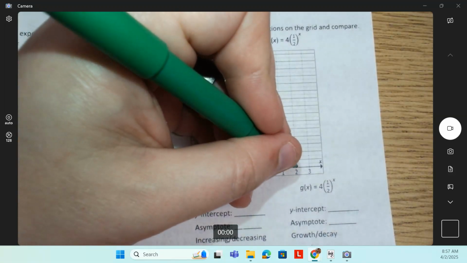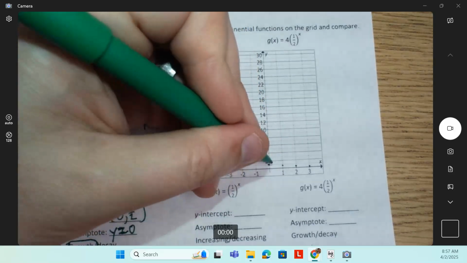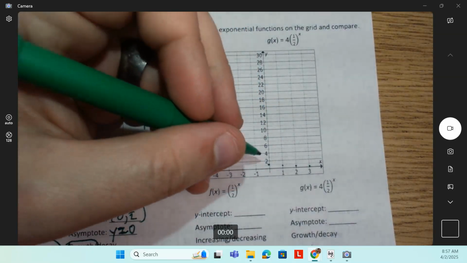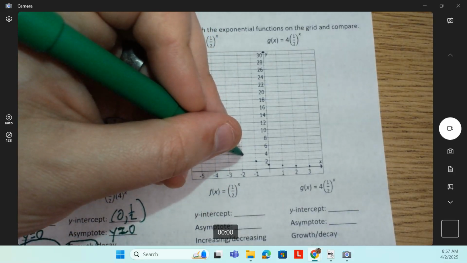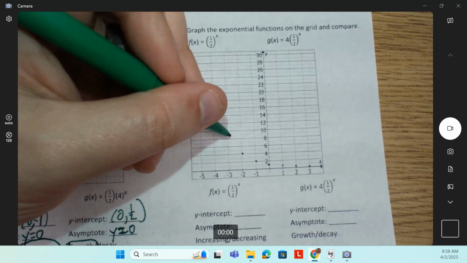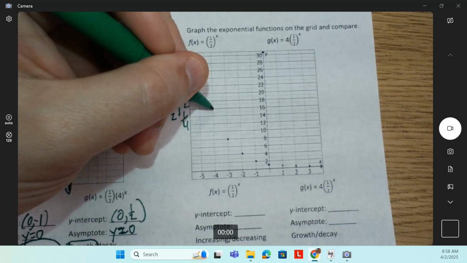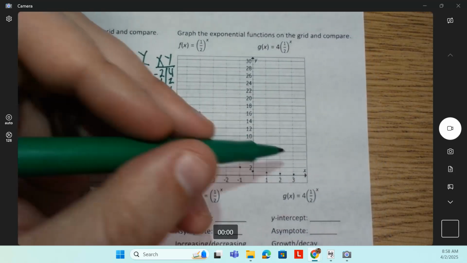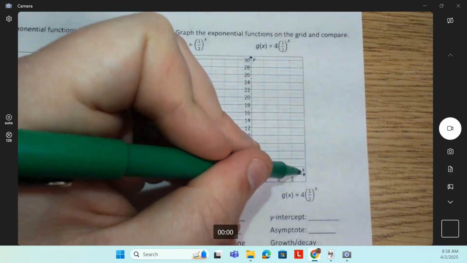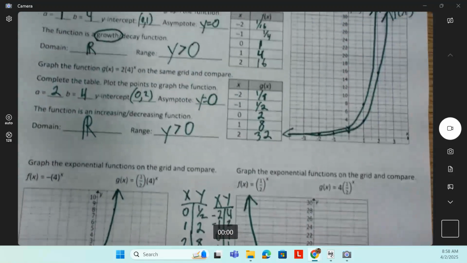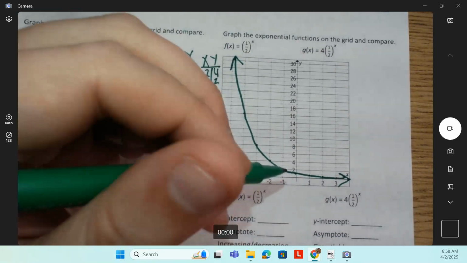So this kind of is going the opposite way. So at -1, it's 2. At -2, it's 4. And -3 would be up to 8. And then 16 at -4. So you can get a little bit more of a sense of the graph here as we're going up. So it looks like this one, but I've tilted it kind of the opposite way, and the curve is not as extreme.